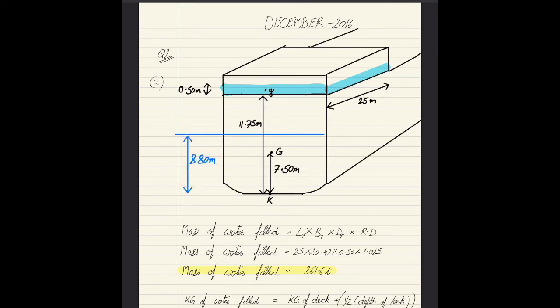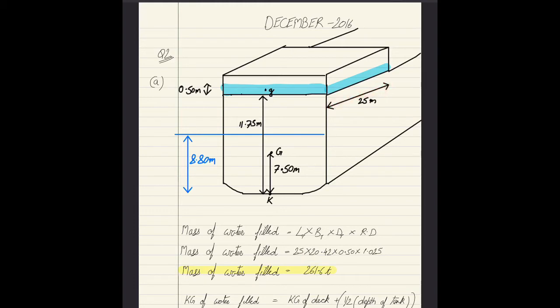We'll first calculate the mass of water filled. This is the basic geometric calculation, which is the length of tank times breadth of tank times the depth of tank multiplied by the relative density of liquid inside it. The length of the tank is 25 meters, which is this value.